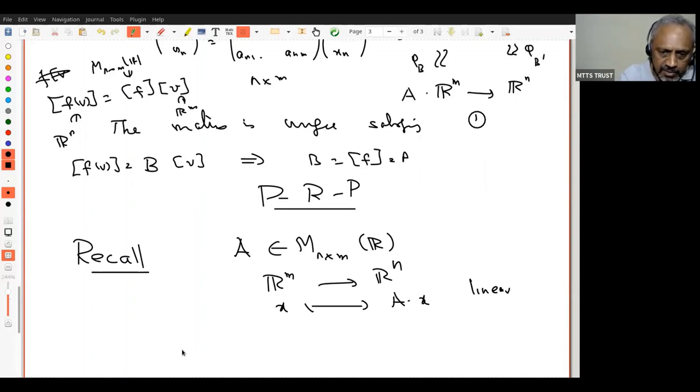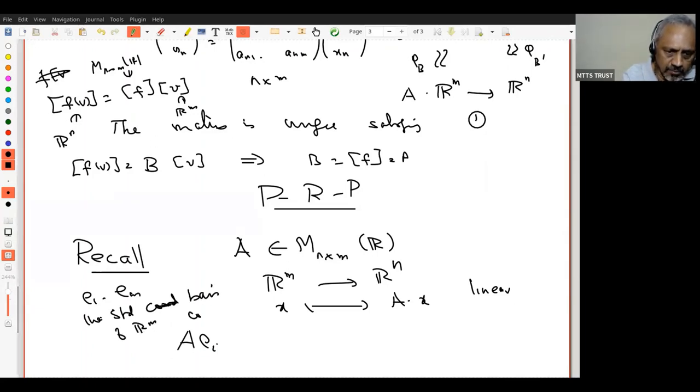The most important thing we have seen is what is A of Vi. Let E1, E2, Em be the standard basis of Rm with column vectors, of course. This is nothing other than the ith column of A, right?